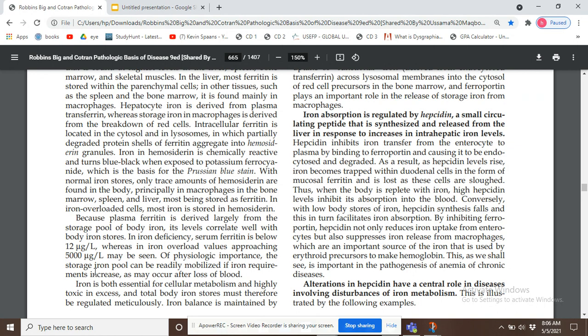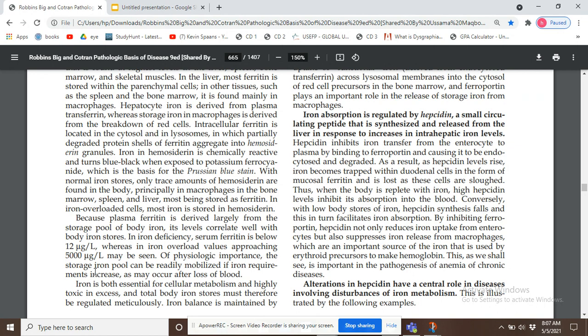They have also told that ferritin is a storage form of iron, and it correlates closely with the serum level of iron. If the serum level of iron is very low, then the ferritin level also goes down.